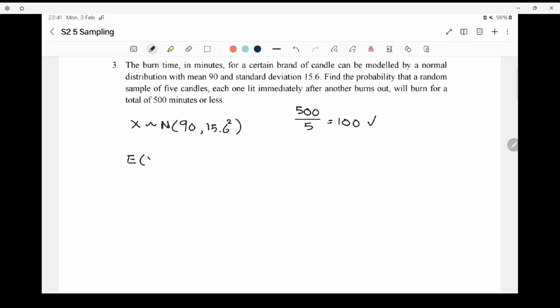So now E of x bar 5 would be 90. Variance of x bar 5 will be 15.6 squared divided by 5. If you calculate this, this is 48.672.